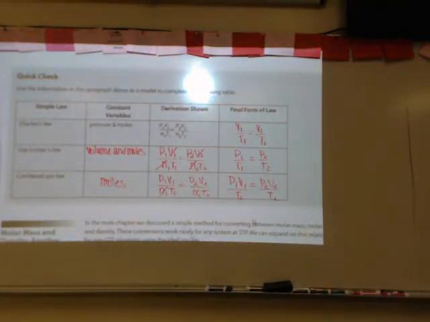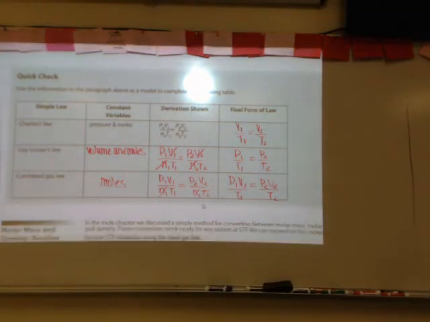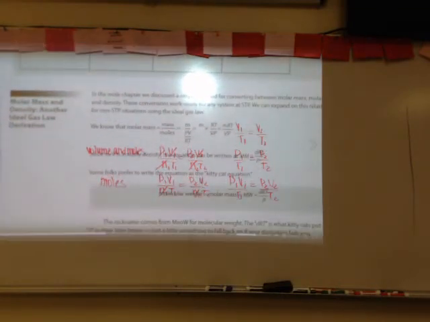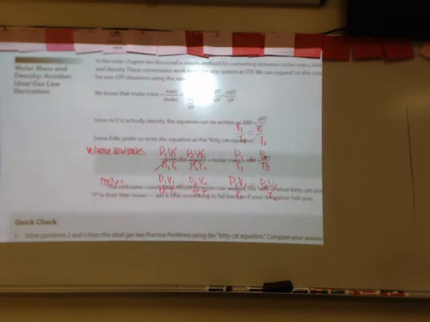Okay? Now, there is another ideal gas law derivation.